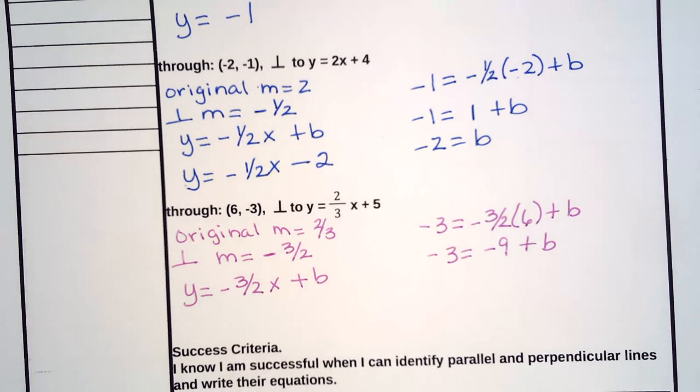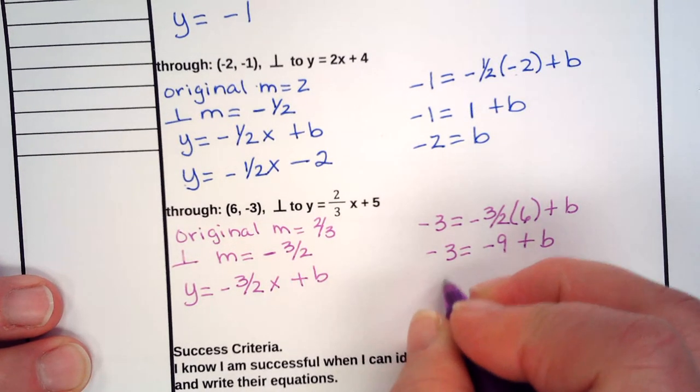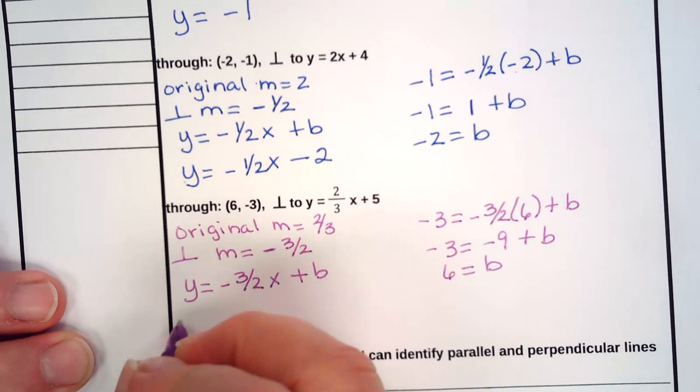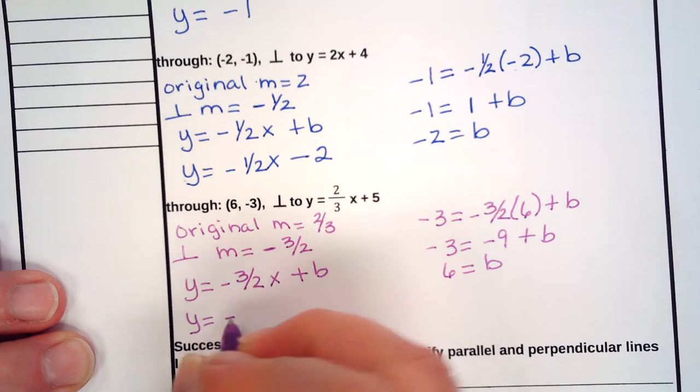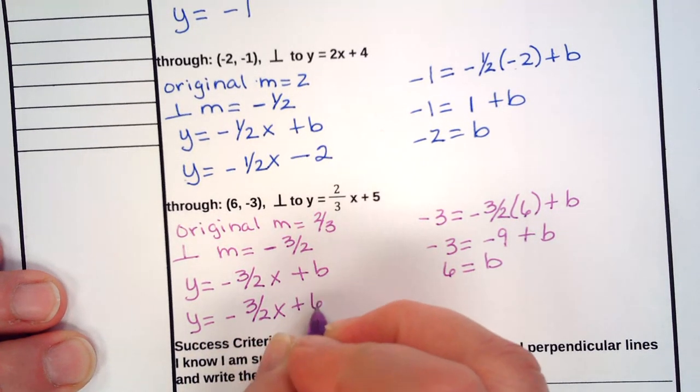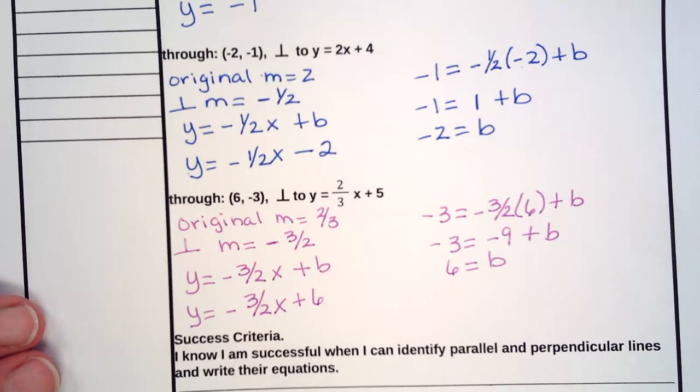Add 9 to both sides. Negative 3 plus 9 is 6, which is equal to our b. So y is equal to negative 3/2 x plus 6. And I'm done.